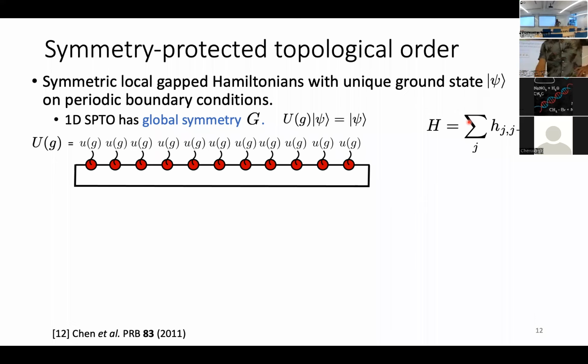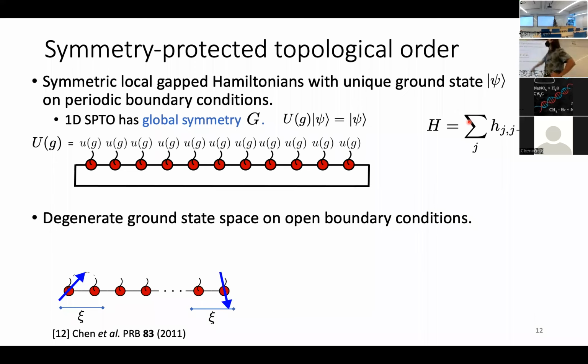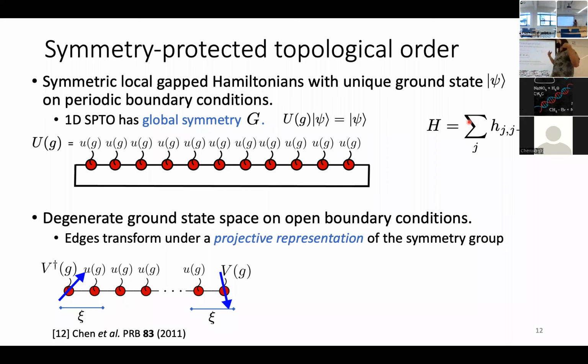Now, what sets these ground states aside from trivially ordered ground states is that if I define the system on open boundary conditions, I get a degenerate ground state subspace. I have edge modes that describe my degenerate ground state manifold, exponentially localized to the edges of the spin chain. The action of the symmetry is now different: I apply a bunch of local symmetry transformations in the bulk, but at the boundary the symmetry is fractionalized.